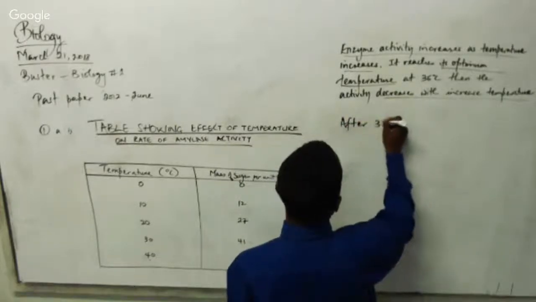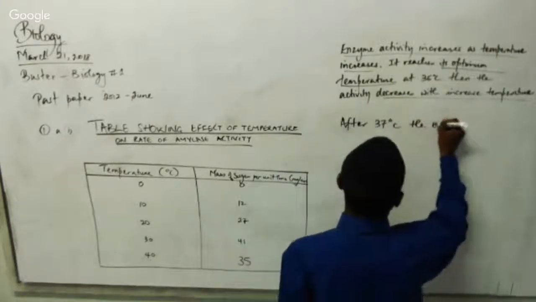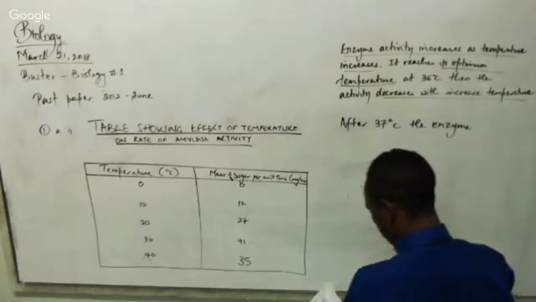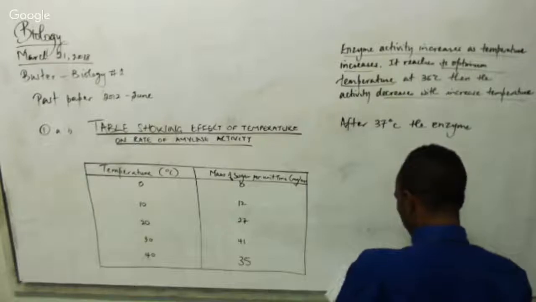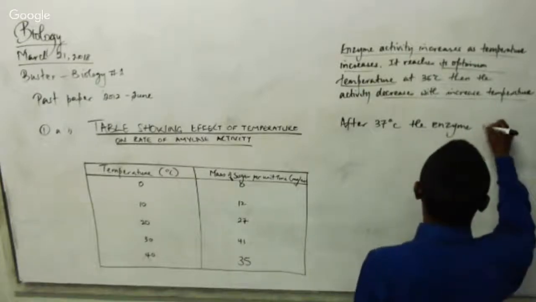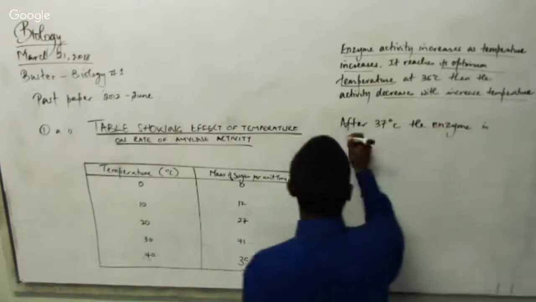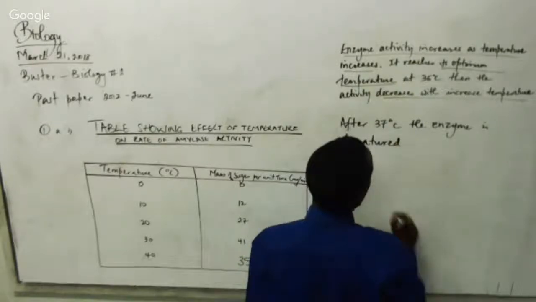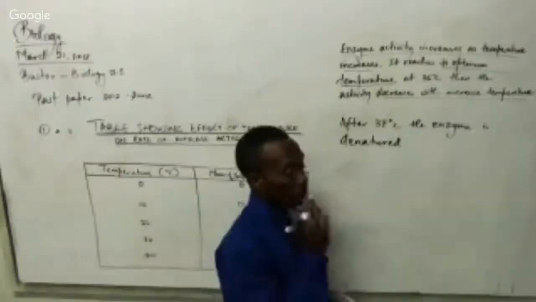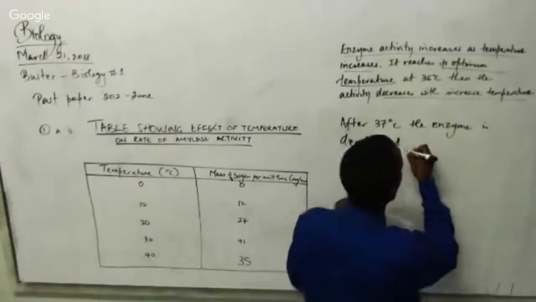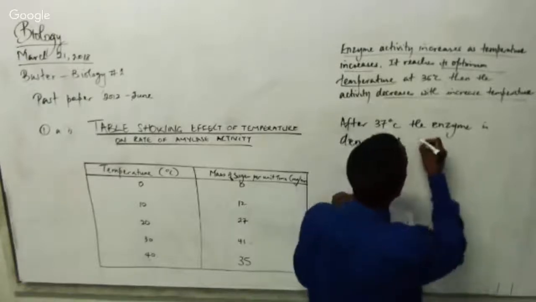So after 37 degrees Celsius, the enzyme is denatured. They are looking for the specific word here. Enzyme is denatured. That would only give you 1 mark, but this question is worth 2. What is denaturing? The unwrapping of the enzyme structure.